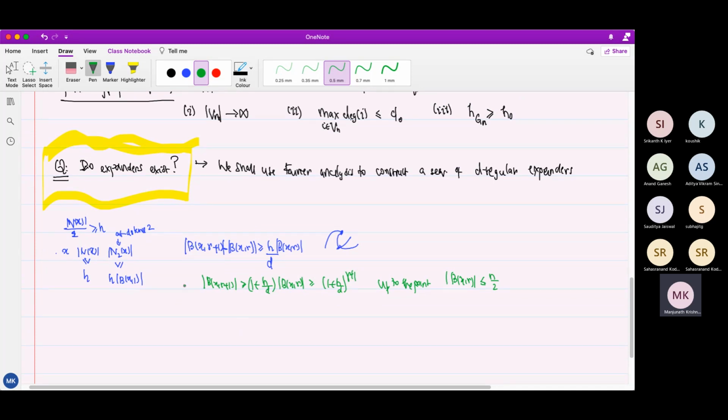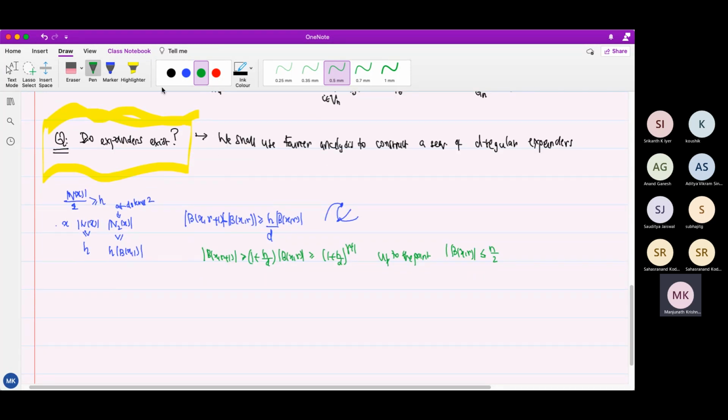One more point about the expansion I said last time: we saw that you can start with any x, and the cardinality of the ball of radius r plus 1 around x minus the ball of radius r is at least h over d times the size of the ball of radius r, as long as the ball is not too large. So you see that the balls grow exponentially fast up to a certain point.